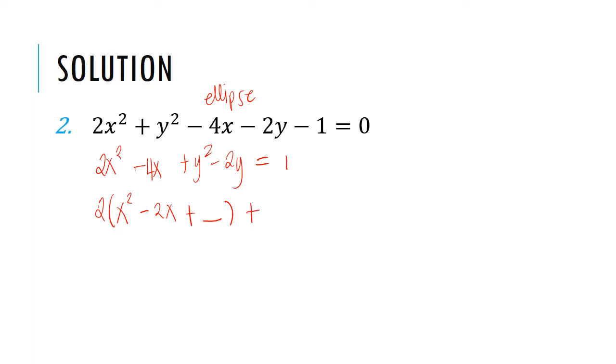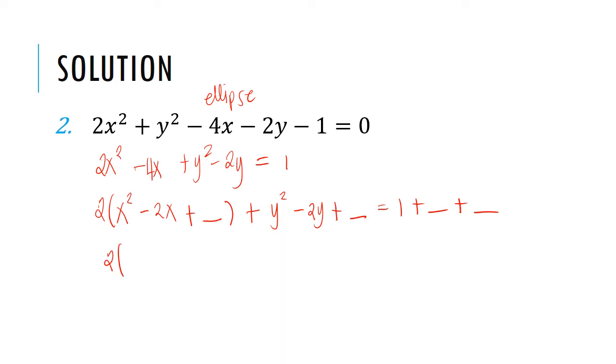Then for the y variable, I am not going to factor it because y squared has a coefficient of 1. So this is just the same as our first problem.